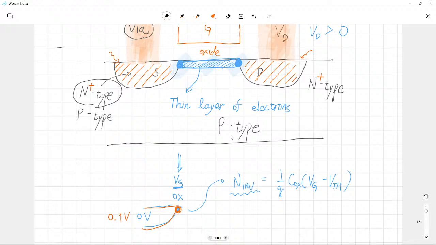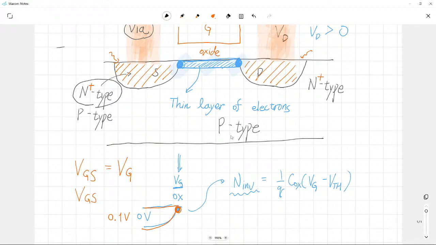Now I'm asking you, what was the VGS, and what is the VGS now? Previously, since the source was biased to 0, VGS, the difference between gate and source voltages, was VG.